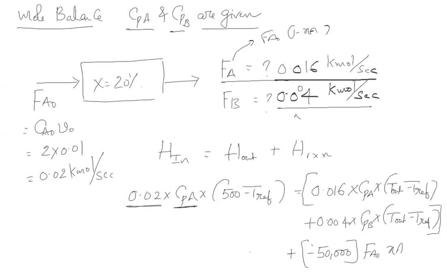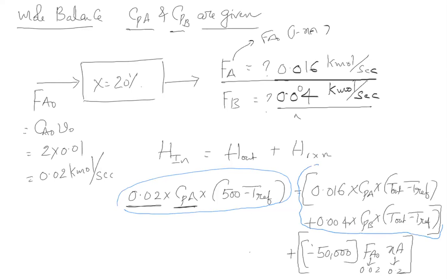Fa naught is 0.02, Xa is 0.2. So this is one term, this is the second term, this is the third term.